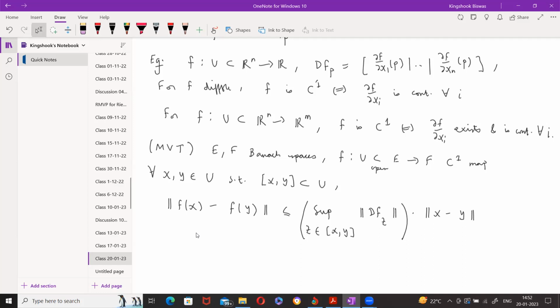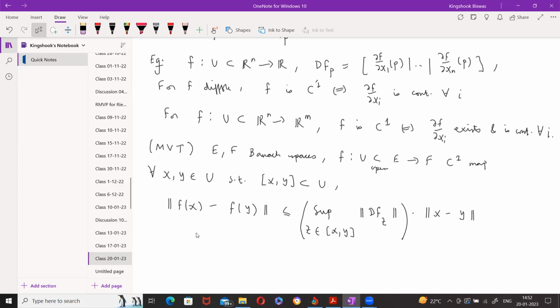So what does this mean geometrically? Remember the operator norm gives you the maximum stretching of a linear map. So this norm of df at z gives you the maximum stretching of the derivative at each point z along this line segment, that means the maximum infinitesimal stretching of f.